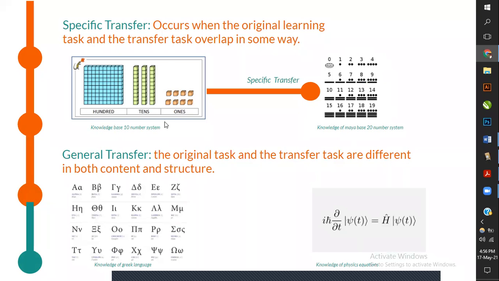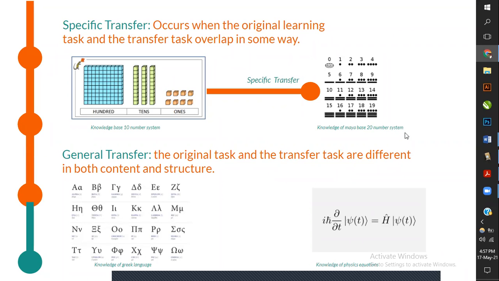We had to learn ones, tens, maybe up to hundreds, right? As you can see here, we learned ones, twos, threes, tens, 20s, and that specific transfer went right into how we learn Mayan numerals. So as you can see, the 0, 1, 2, the 10s, the 15s and the 19s are all beside the Mayan numerals so that we can make the link. So those are specific types of transfer.